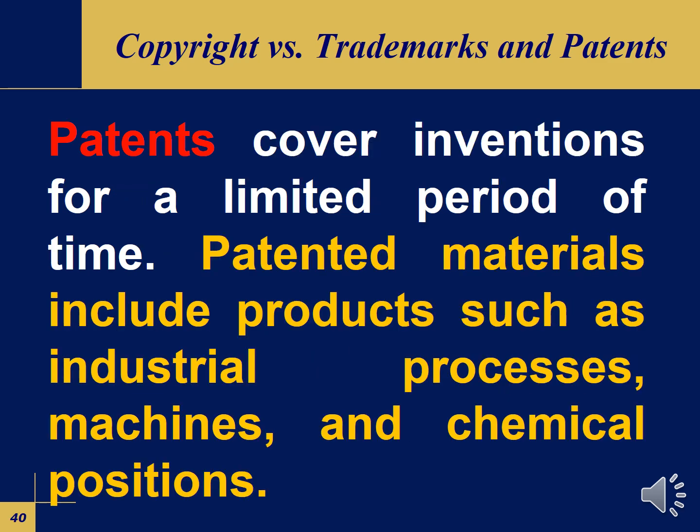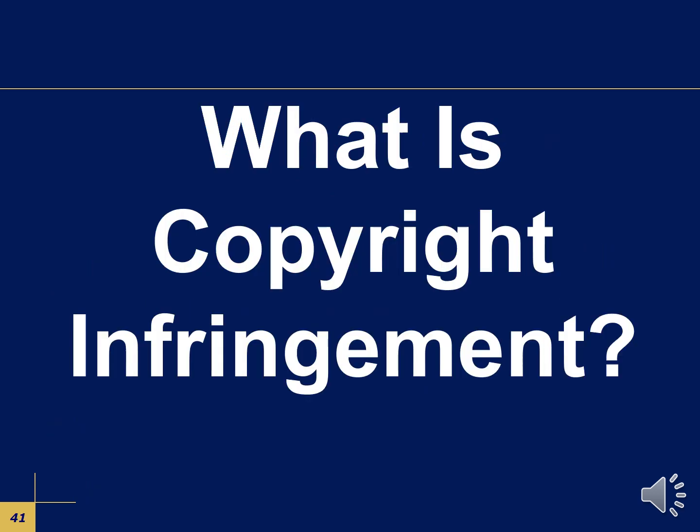Patents, as already said, protect an invention for a limited period of time. Patented material includes products such as industrial processes, machines, chemical compositions. This is the difference between copyright, trademark, and patents.